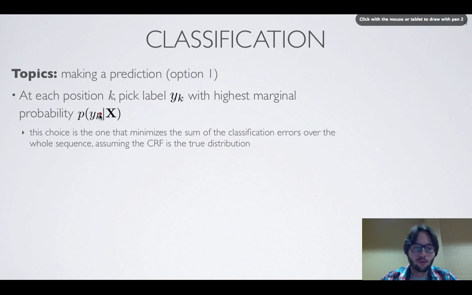For each position k, we compute the marginal p of yk given the sequence. So we compute the probability, for any potential label yk, of it being the true kth label in the sequence. Then as our prediction, we say that the label for the kth position is going to be the label that has the highest marginal probability.